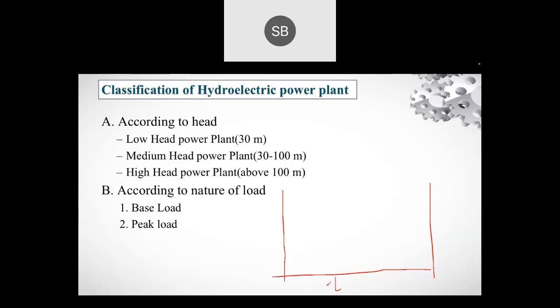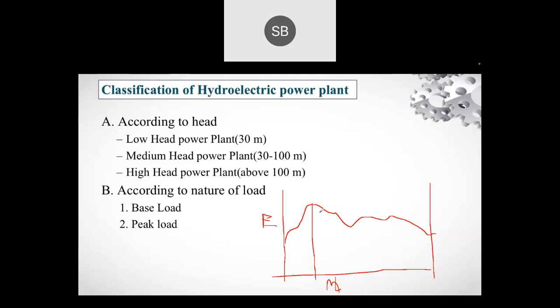This one is important. Consider there is one city or consumer, and it consumes electricity with respect to time, which may be in days or months. When we plot the consumption of electricity with respect to day or month, we get a curve like this.